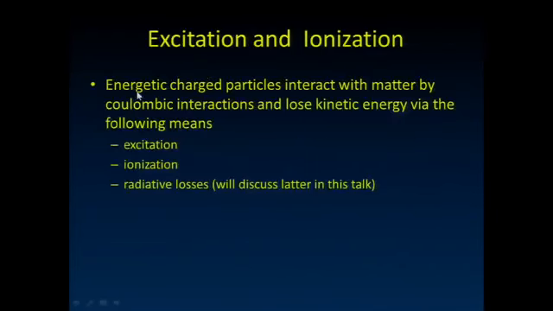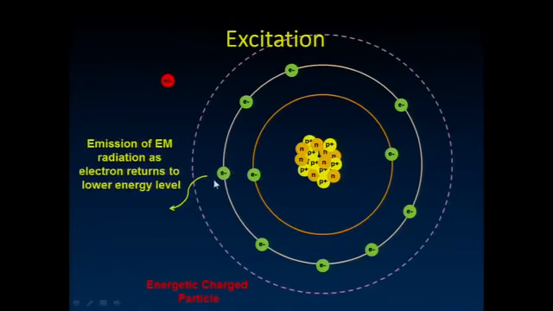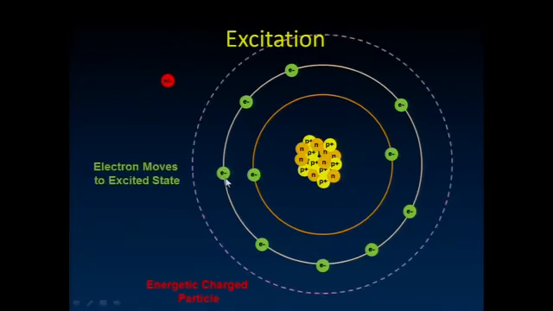Energetic charged particles interact with matter by Coulombic interactions and lose their kinetic energy via excitation, ionization, and radiative losses. So these are things that have mass, particulate radiation, mass and charge. Here we have an energetic charged particle, and as it passes close to an atom, it may excite one of these outside shell electrons, and that electron may move to a slightly higher shell temporarily and then move back.